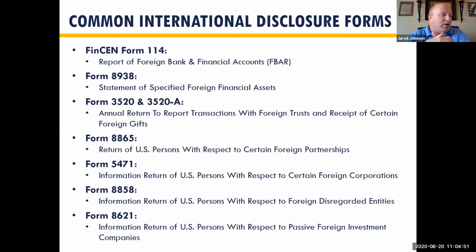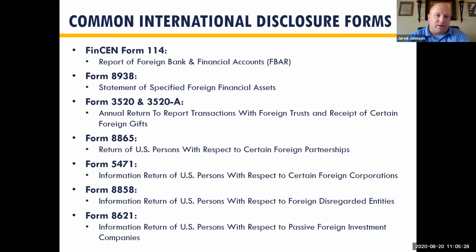A lot of people wonder why the U.S. requires so many different forms. They require them basically to fight money laundering, tax evasion, and even to combat the support of terrorism. As we discuss today, the various penalties that are out there are designed to combat these issues, and that's why the penalties are so severe.